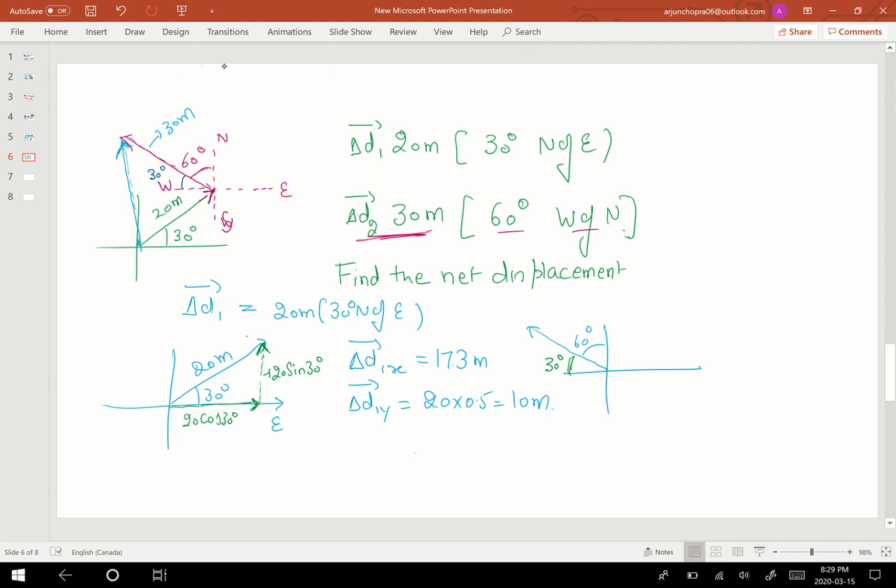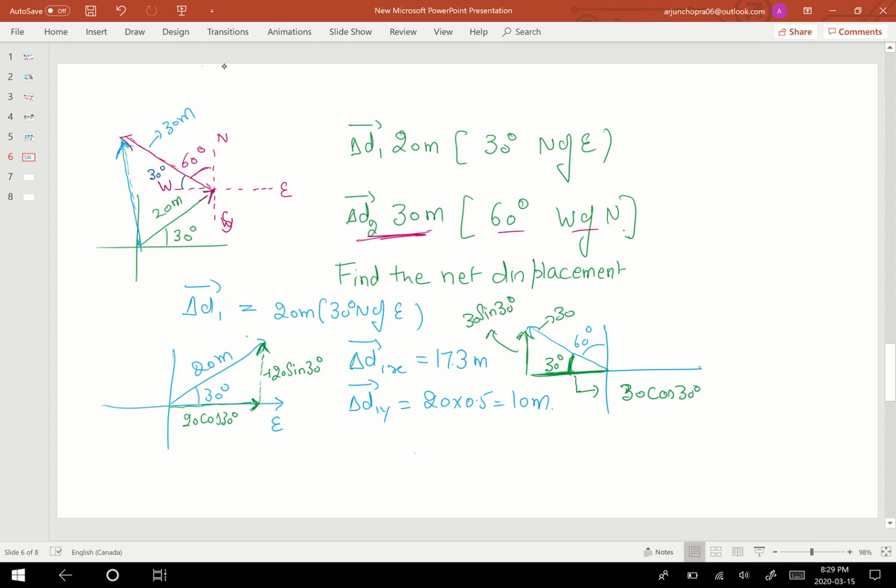How? I'll tell you. Whenever I change the angle with respect to the horizontal axis, I can always write the horizontal component with cosine. So I'm going to directly write it as 30 cos of 30 degrees, and then this component I will write as 30 sine of 30 degrees.